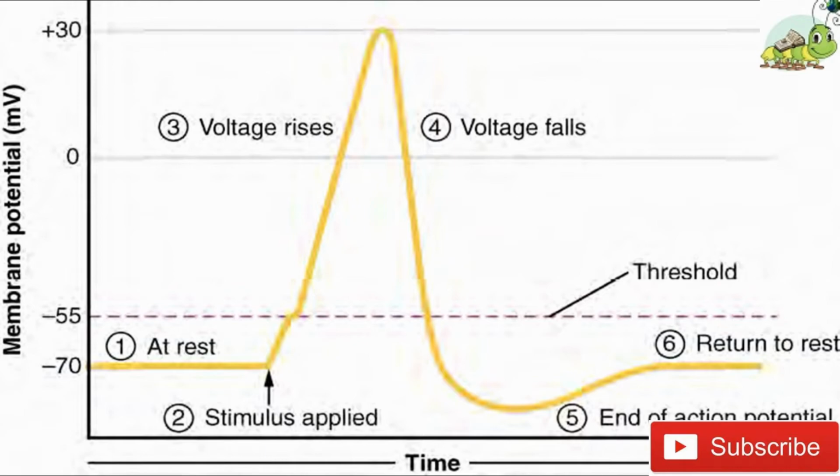A stronger stimulus, which might depolarize the membrane past threshold, will not make a bigger action potential. Action potentials are all or none. Either the membrane reaches the threshold and everything occurs as described just previously, or the membrane does not reach the threshold and nothing else happens.